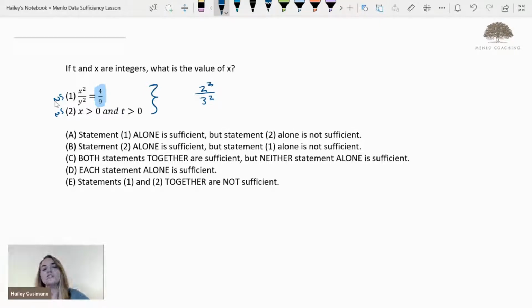So couldn't I just as easily have something like 4 squared over 6 squared, or 16 over 36? Because 16 over 36 is also going to get me to 4 over 9. And so will the infinitely many other multiples of 4 and 9 that boil down to get us to that ratio. So even together, we're not going to have enough information.